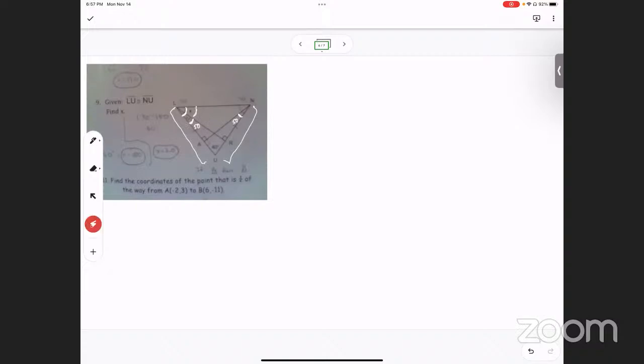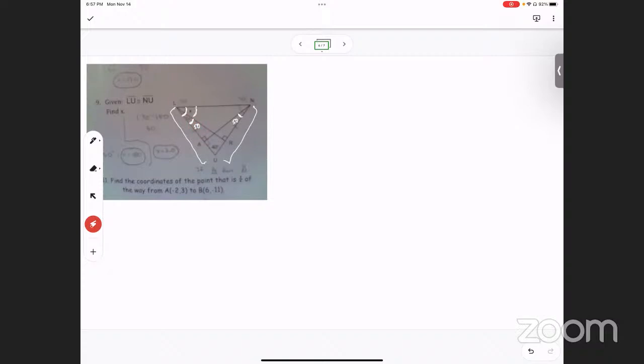Because this triangle right here is a right triangle, so that's 90. So these two have to add up to 90. This angle and that angle have to add up to 90. So that has to be 50. Likewise here, that has to be 50. Does that make sense? Yep.